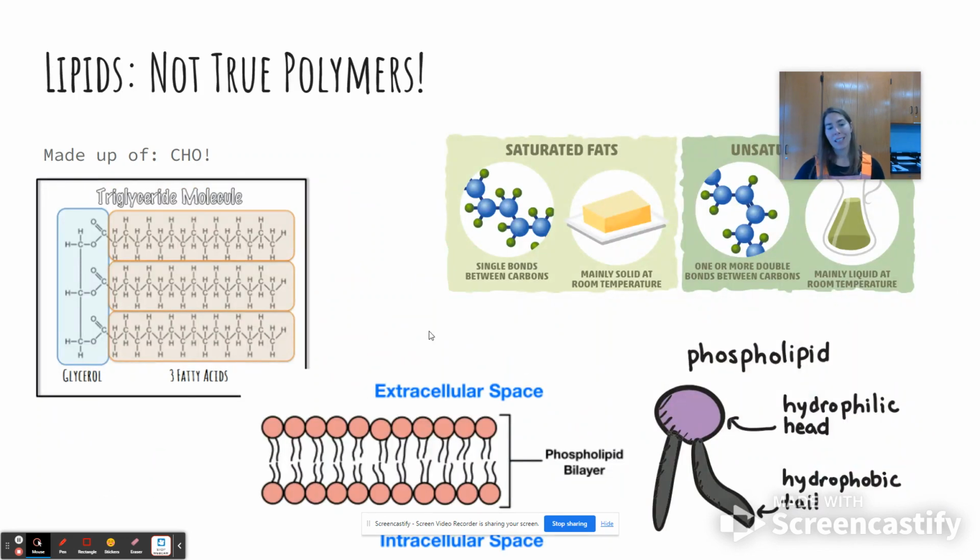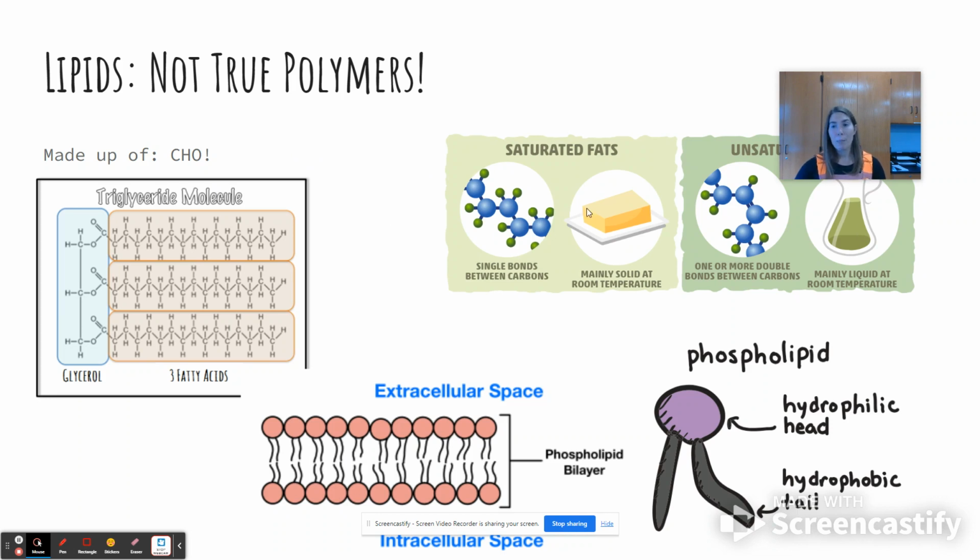And last but not least, our false polymer. So lipids are not true polymers. They do not have single monomers. A small lipid is something like a glycerol and three fatty acids, which makes up a triglyceride molecule. These things are made up of carbon, hydrogen, and oxygen, just like carbohydrates. However, these ones can come in two fashions, and they don't have a specific ratio.